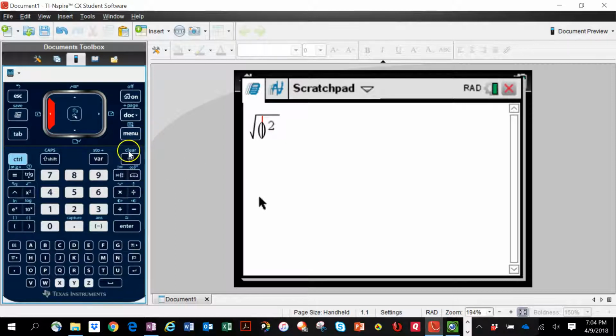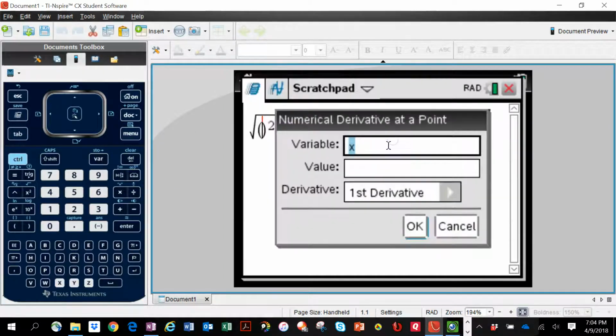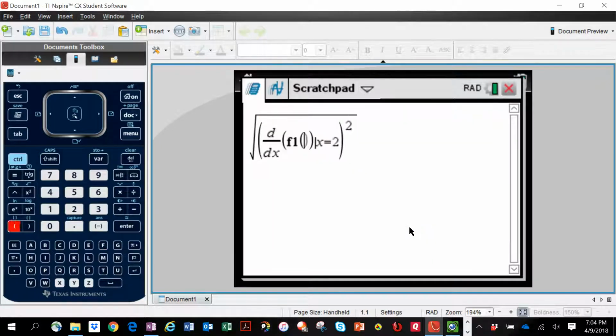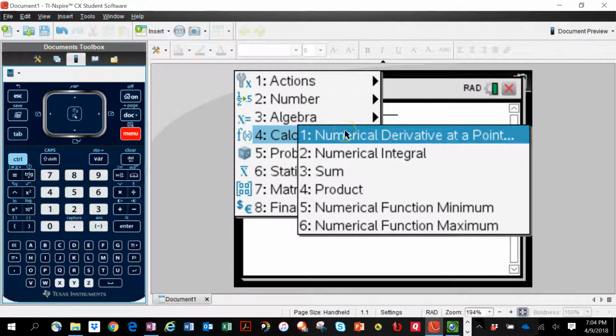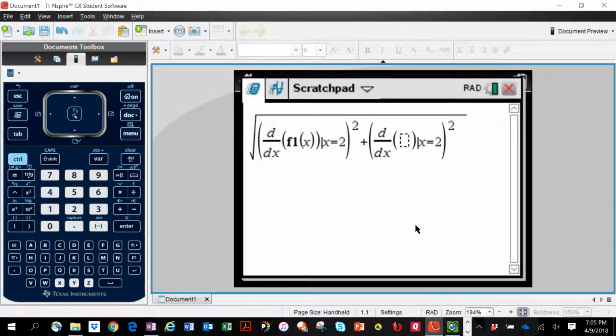So I'm going to go to Menu, Calculus, Numerical Derivative, at x equals 2 of the first function, and I need that squared, plus I also need to square the derivative of the y at 2.